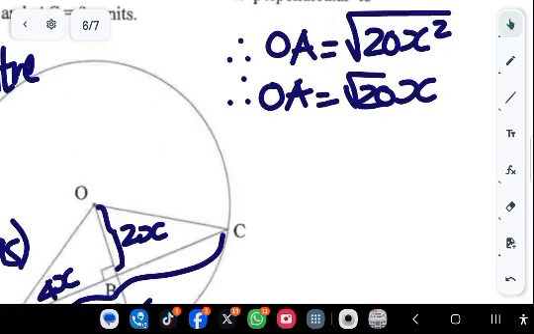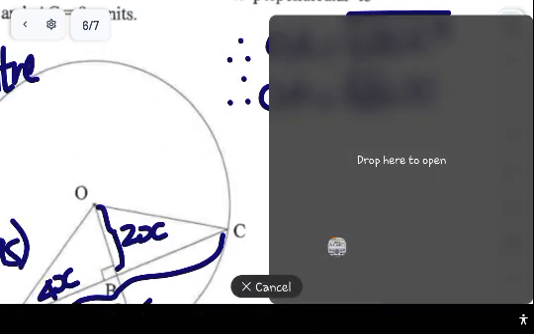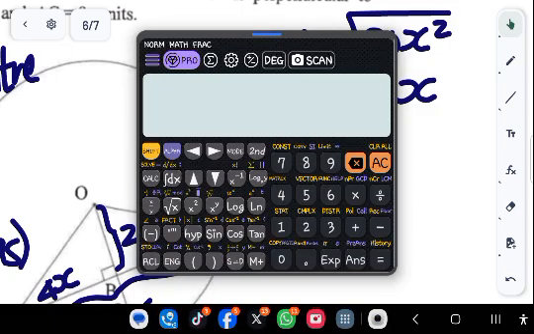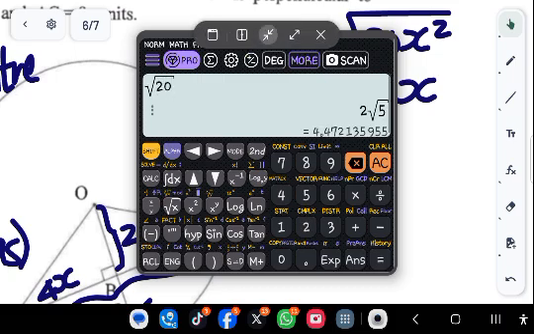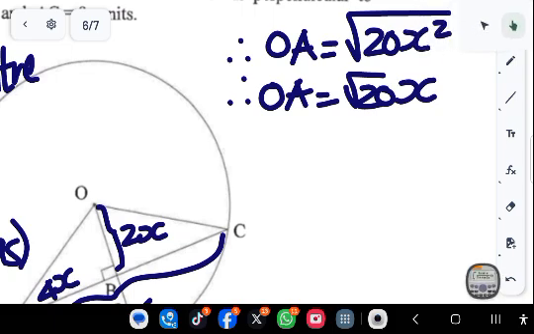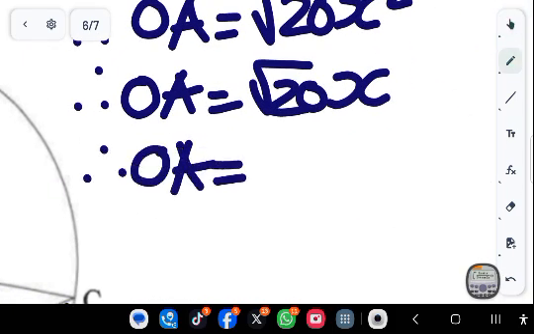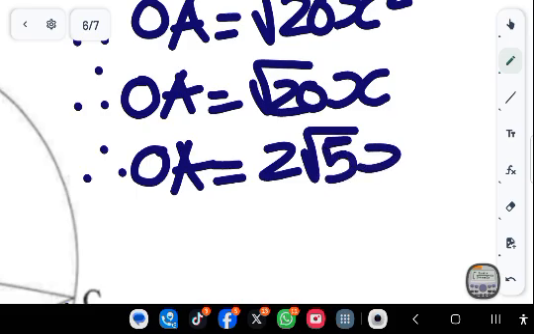Square root of 20 gives us 2 root 5. So therefore OA equals 2 root 5x.